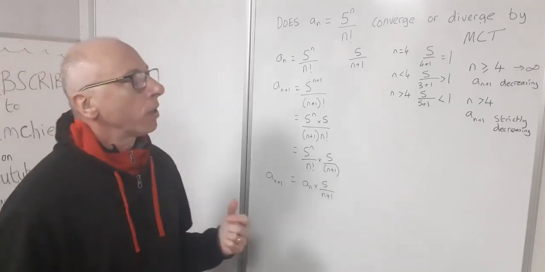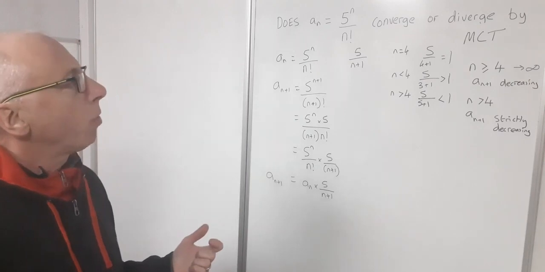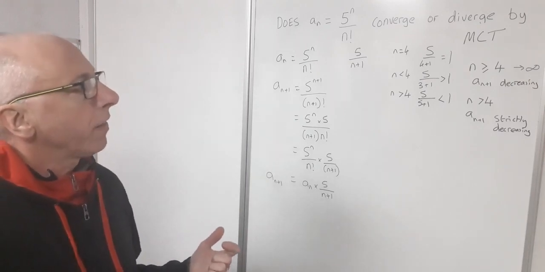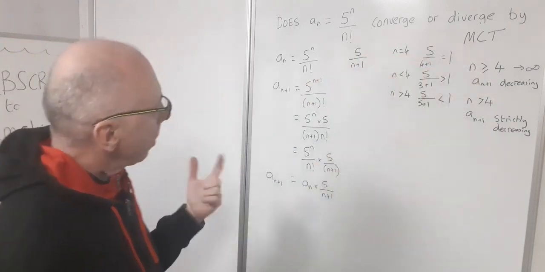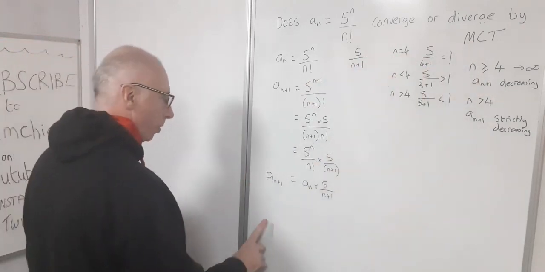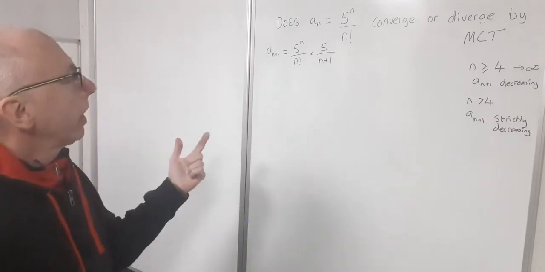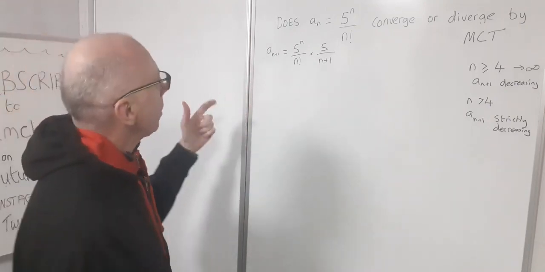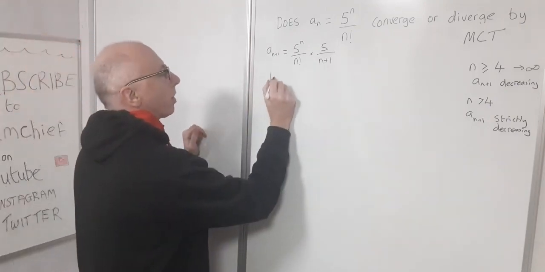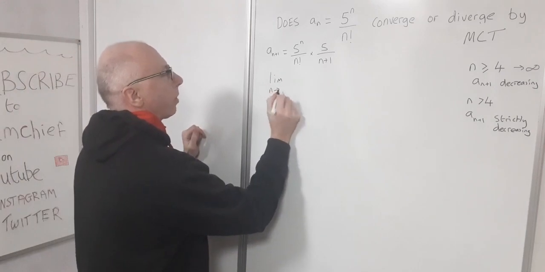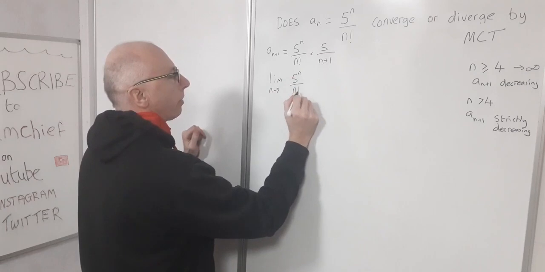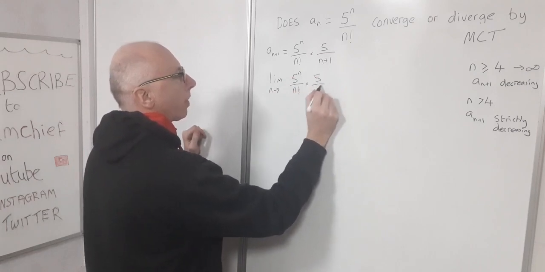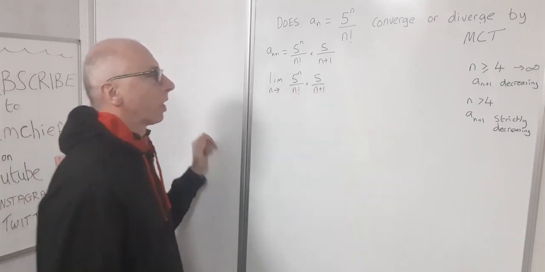So now let's have a look to see if we can find a limit and find what it converges to. And if that's the case, then we can say it converges by our monotone convergence theorem. So let's have a look at that next. Let's take this off the board. Okay, now let's find the limit of this and see if there's anything we can do. So the limit as n approaches infinity of 5 to the n over n factorial times 5 over n plus 1.